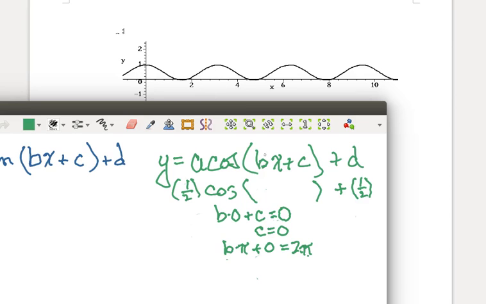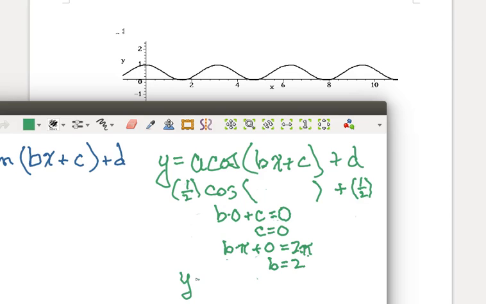So when x is pi, this bx plus c needs to be equal to 2 pi because that's the end of the cycle for a cosine. So solving that equation, notice that b is going to have to be equal to 2 to make that true. Okay, so there we are. We think that we've got the equation of this curve.